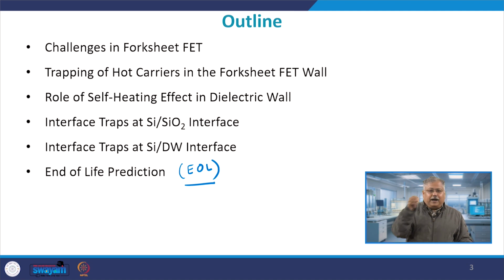There is no path for the heat being generated because of the carriers moving from point A to point B within the Forksheet. There will be large kinetic energy gain, and it will be getting scattered across various Forksheet wall, which is basically a silicon dioxide.